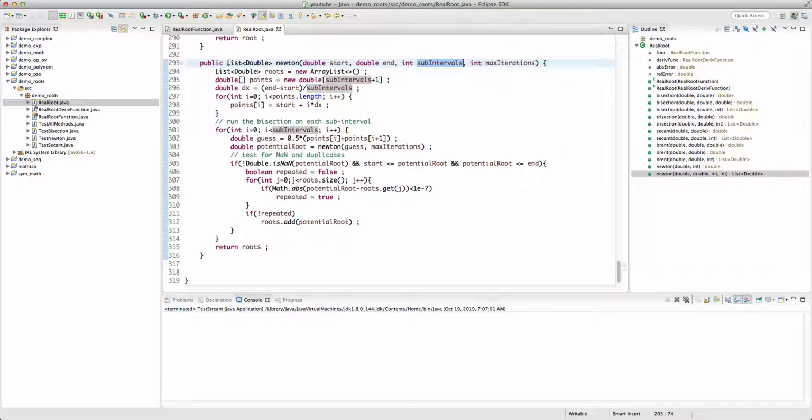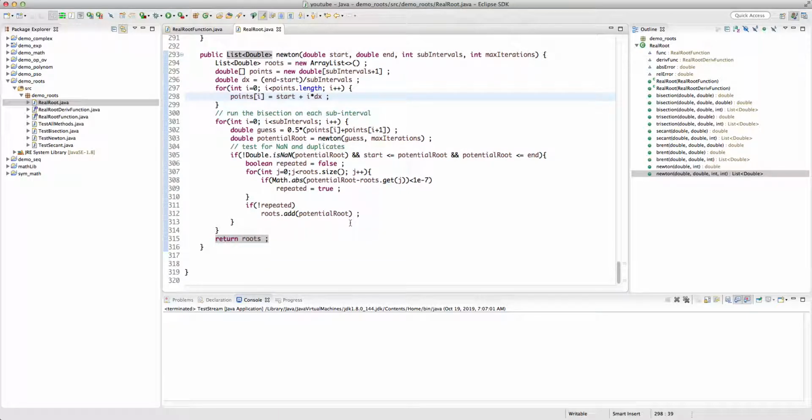And the idea was to divide the original interval into some intervals, and in each sub-interval try to find the root, all right?